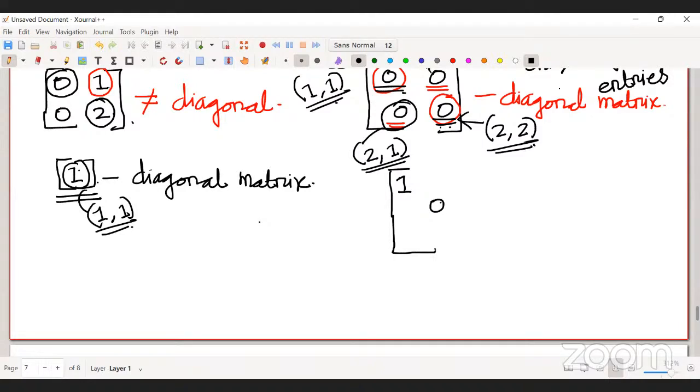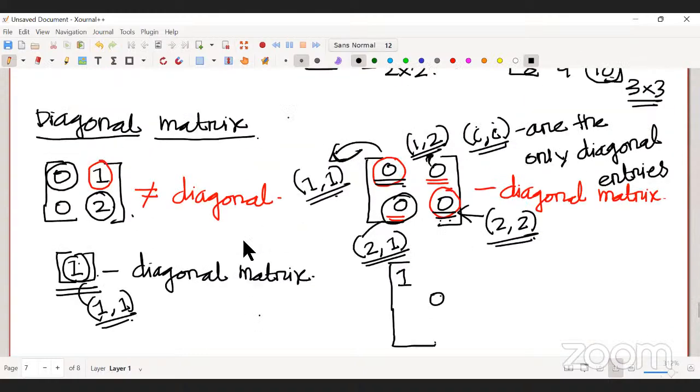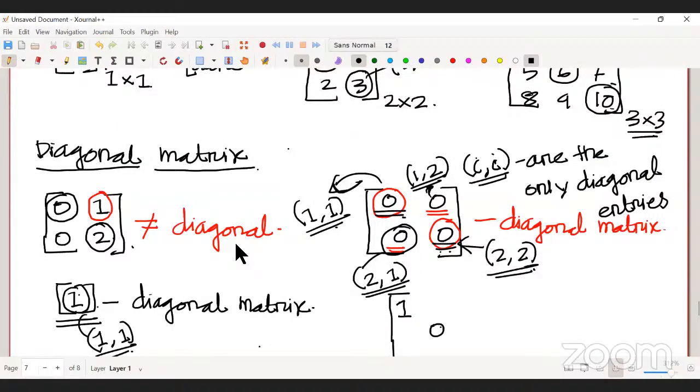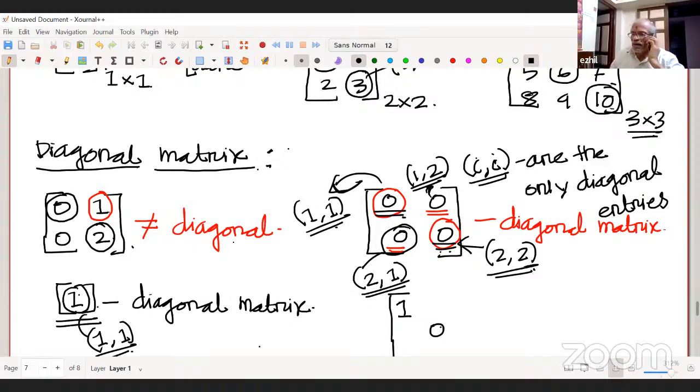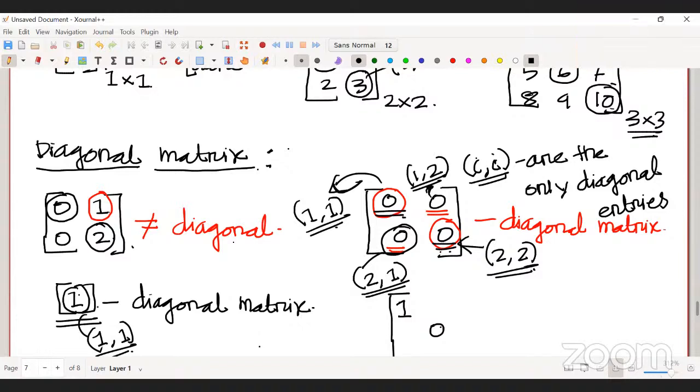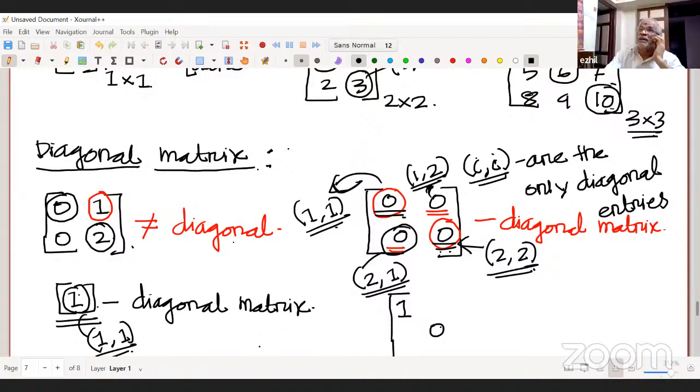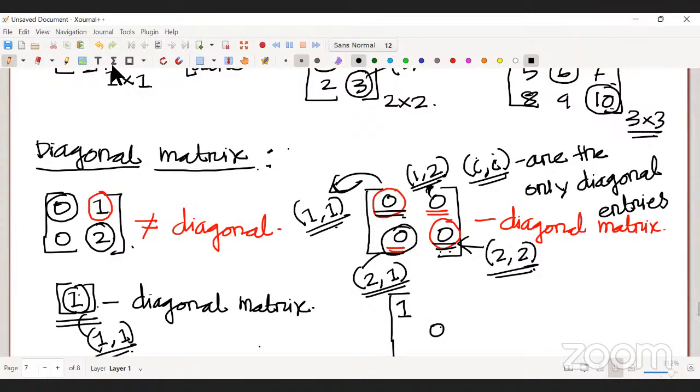See, in the condition something is given. If I write the diagonal matrix definition, I can say a square matrix is a diagonal matrix when all the non-diagonal entries are 0.